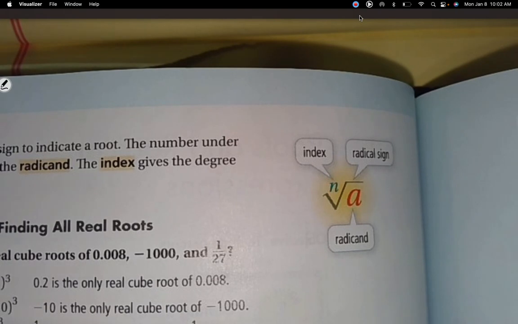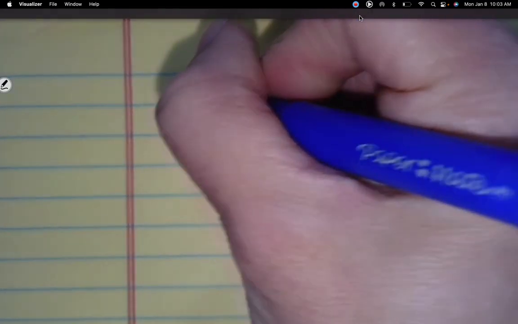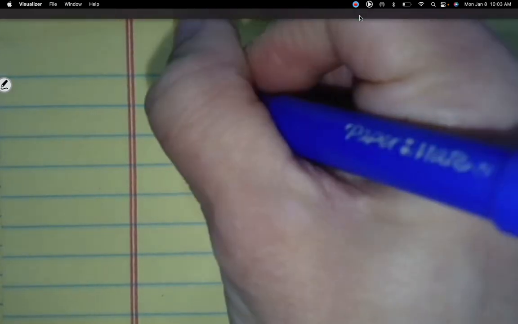Their first problem starts with a cube root. It says, what are the real cube roots of 0.008? It's positive.